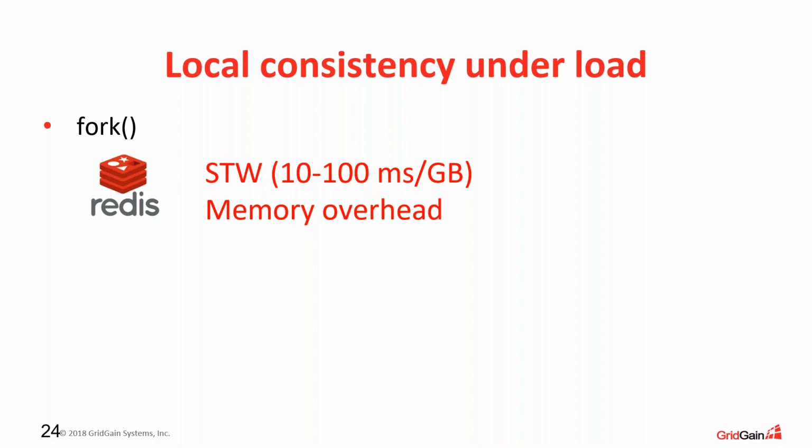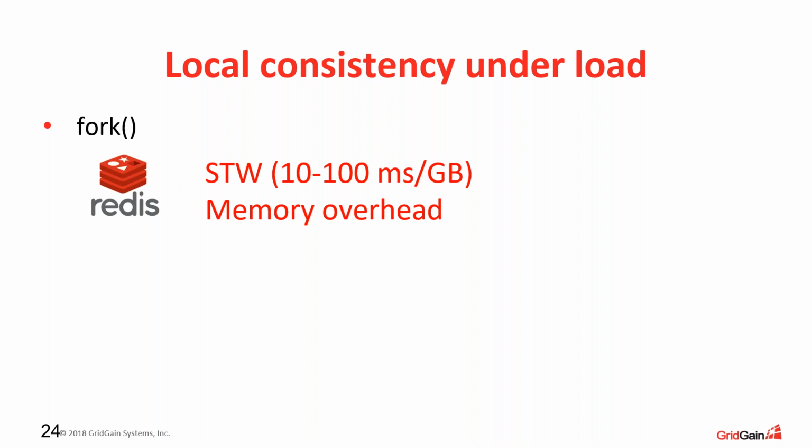What's the cost of this approach? First of all, you need to stop all your threads for a bit. You need to achieve a kind of stop the world, otherwise the state of threads is not guaranteed in the forked process. And even if you stop all your threads, the fork itself requires some time. The operating system needs some time to initialize data structures and so on in the forked process.